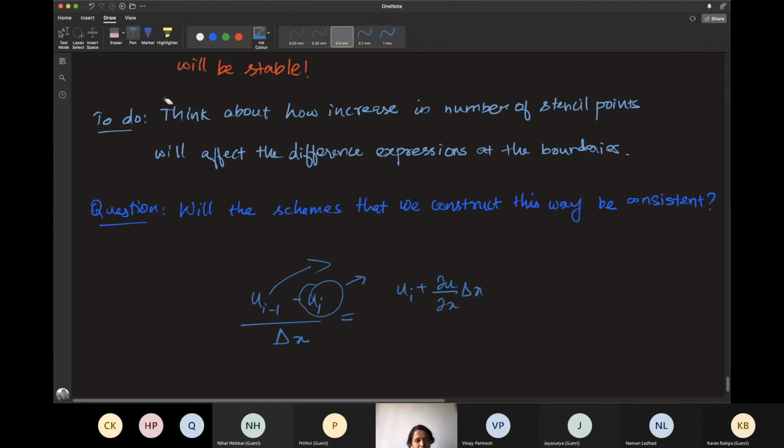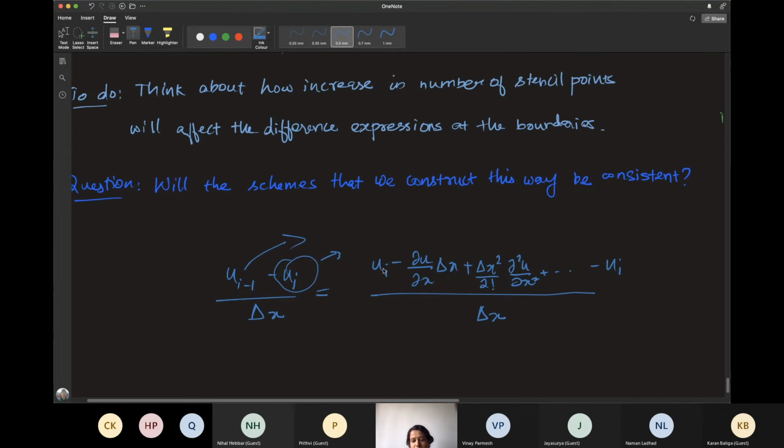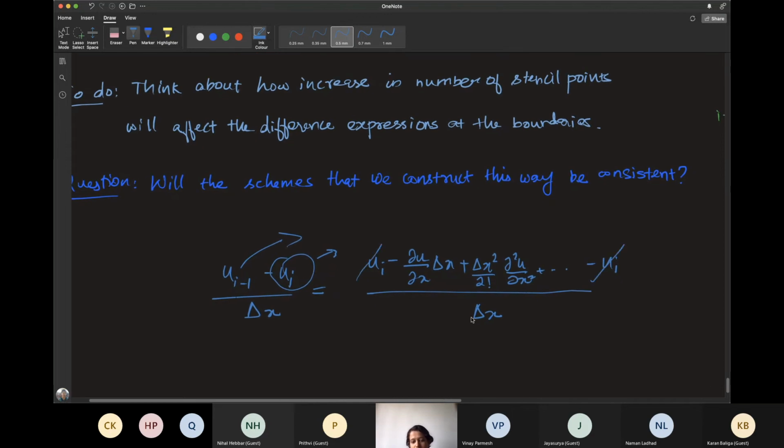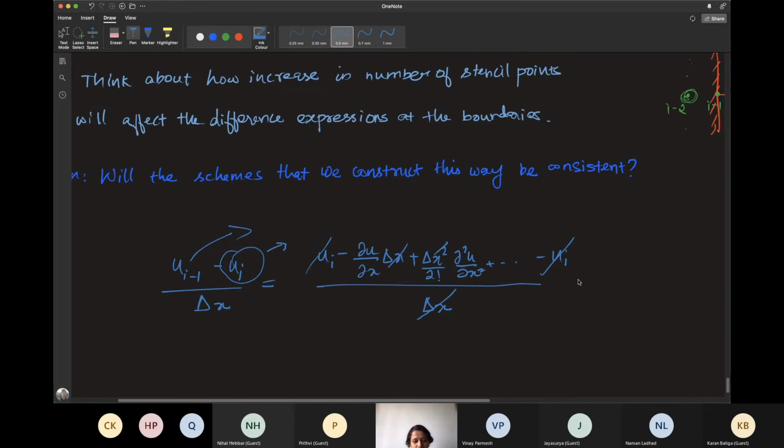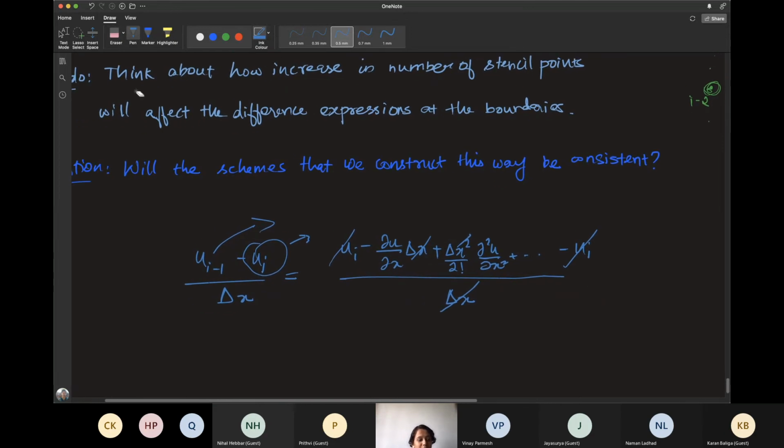Sorry, this will be minus. So this is how you go about checking the consistency, right? Now this is of order delta x. Sorry, this has to be ui minus 1.